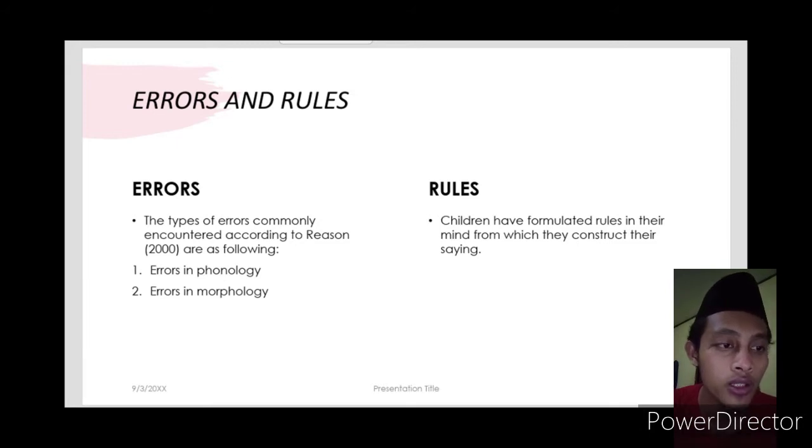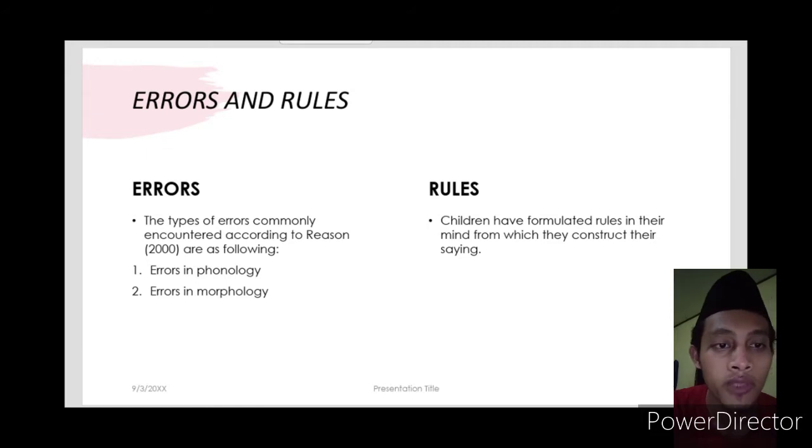Actually, according to reason, errors, there are three. It can be more, but here I just write two. The first is error in phonology. There are many types of errors in phonology. One of them is metathesis.